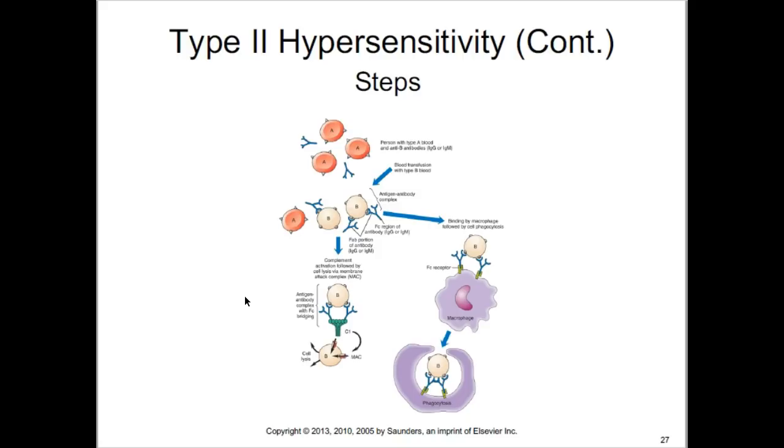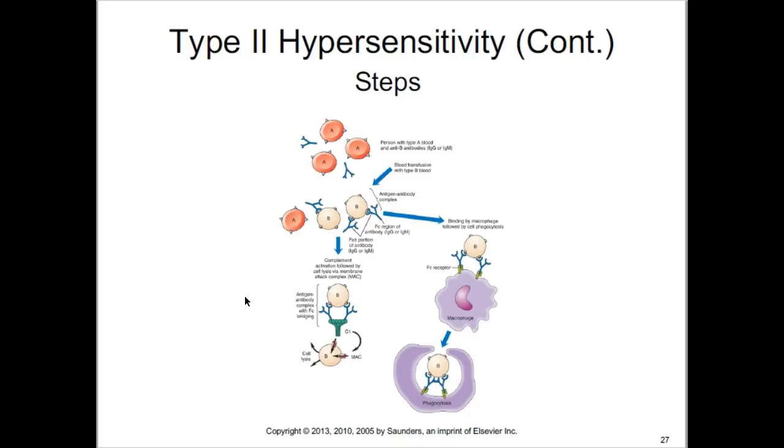antibodies to the A antigen are going to bind with the A antigen on the surface of the red blood cells that I was given, and they're going to clump, and this clumping is going to cause basically a type of clotting that isn't something that you are going to be able to undo.